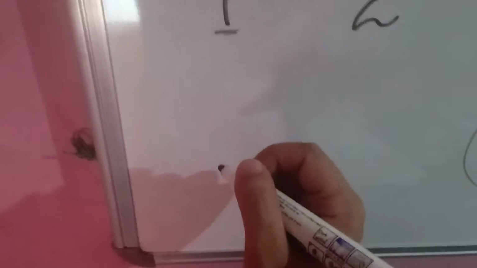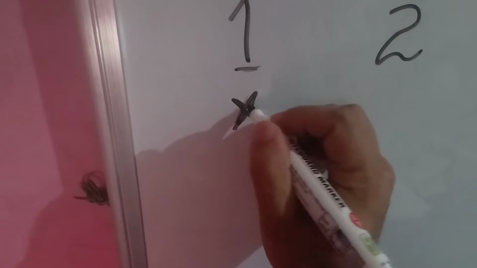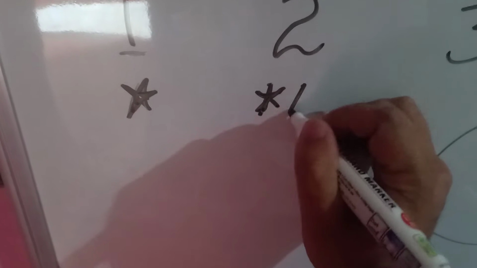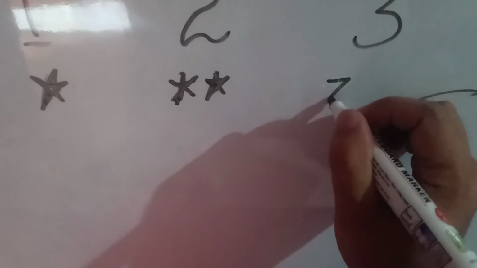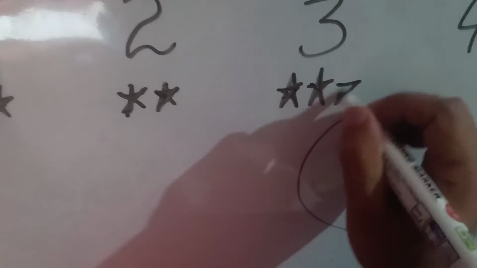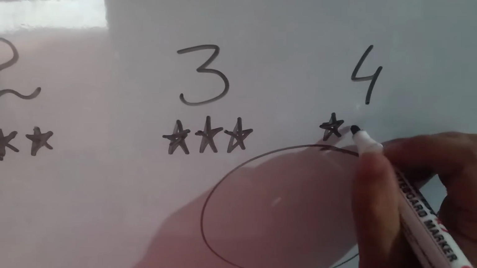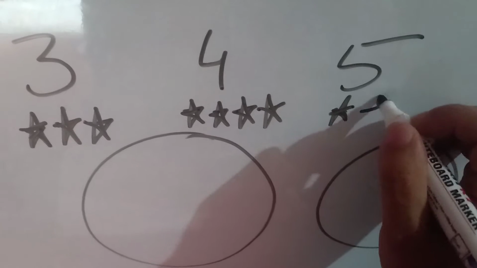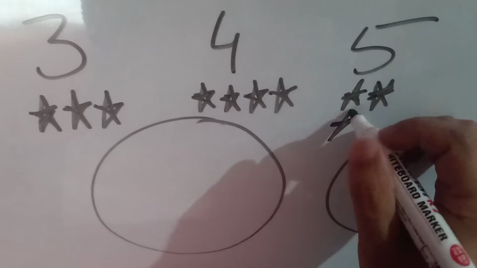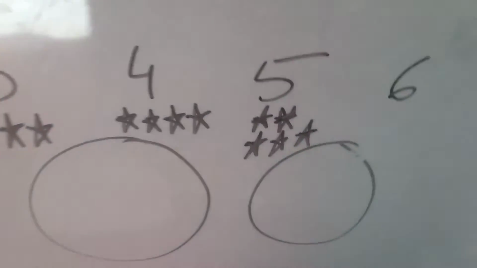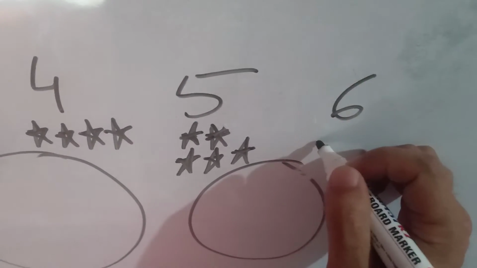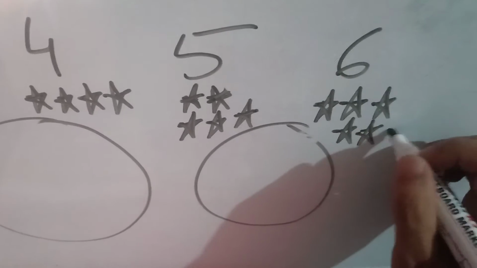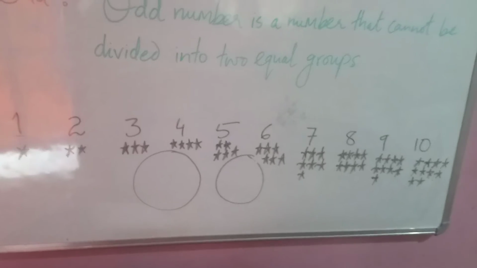So 1 has only one star. 2 has 2 stars, 3 has 3 stars, 4 has 4 stars, 5 has 5 stars, 6 has 6 stars, and likewise.